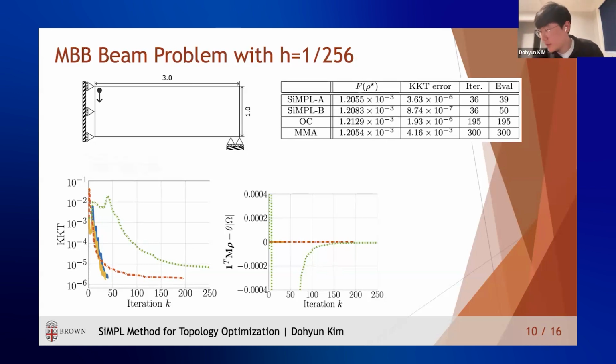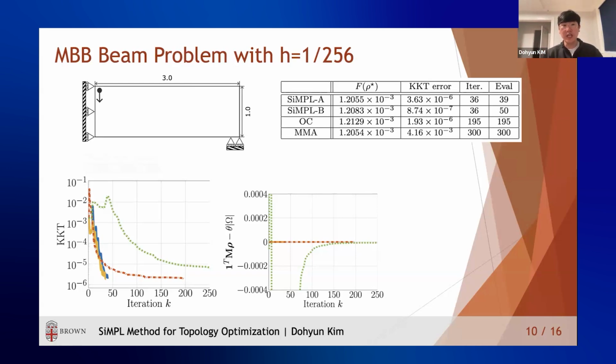We have used the backtracking line search algorithm. In practice, people don't try to use backtracking because it costs too much. When we want to evaluate our function, we have to solve two PDEs at each evaluation. So if the backtracking line search fails a lot, then we have more computational cost. But here, the difference between the number of iterations and the number of evaluations is the number of failures of our backtracking line search.